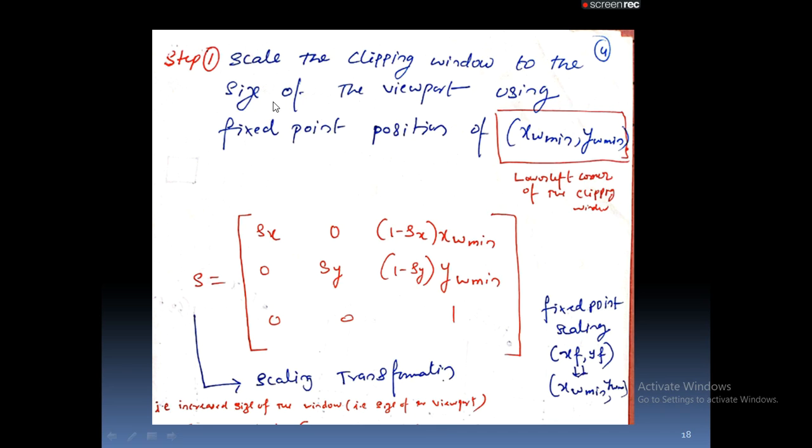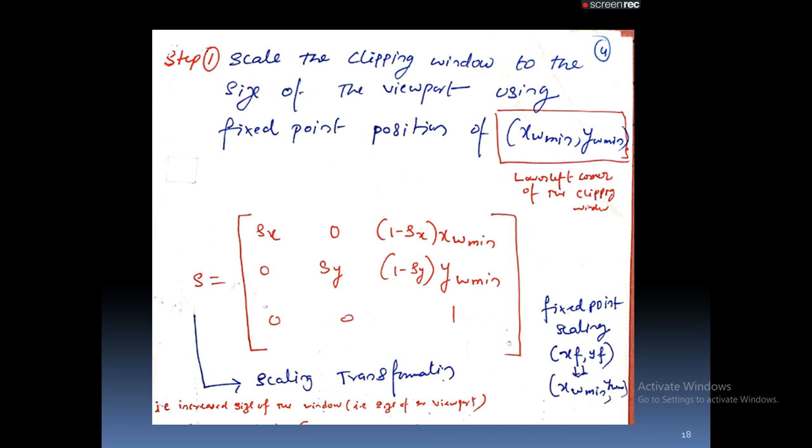So we need to perform scaling here, and we are performing fixed point scaling, because the relative position of both the windows should be the same. Whatever object you displayed in the clipping window at that particular position, the same object has to be displayed in the viewport at that particular position, but the size may vary. We need to determine what that size is. That is our aim in this particular problem.